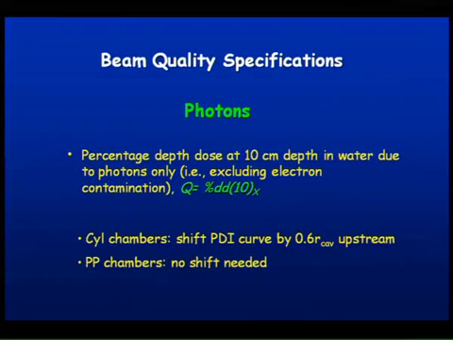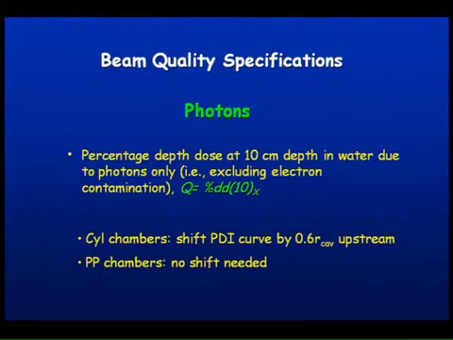That x indicates that this is a percentage depth dose with electron contamination removed. So we need to measure percentage depth dose. We all thought that measurement of percentage depth dose is easy. Actually, it's quite complex. And I'll say a word or two as to why that is.